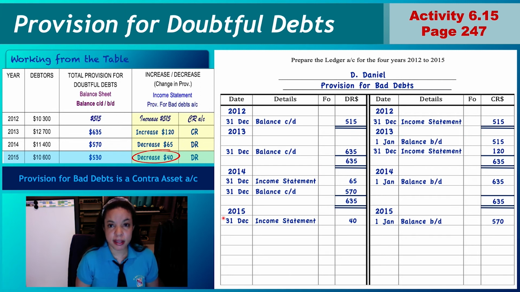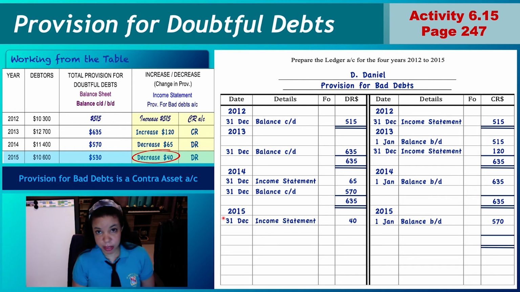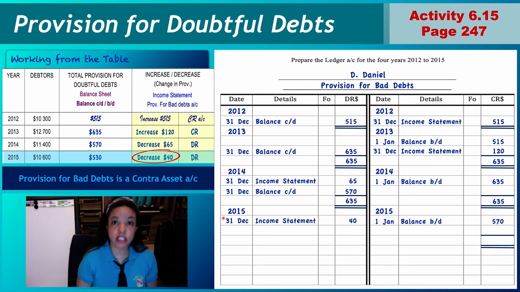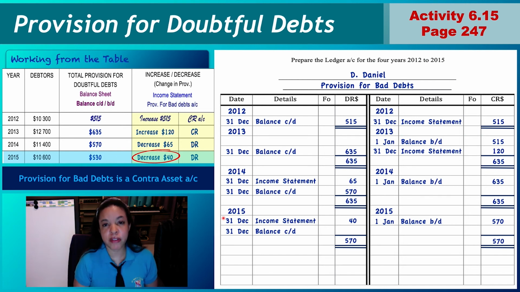Next step, in this case, I decided that I'm going to total first. You have to skip a line because you have to leave space for your balance carried down if you didn't write it down already, okay? So there are your two totals. 570 is your greater amount, so you put 570 on both totals, and therefore your missing figure, your balance carried down, which always goes on the debit side, would therefore be 570 minus $40, and that is $530.